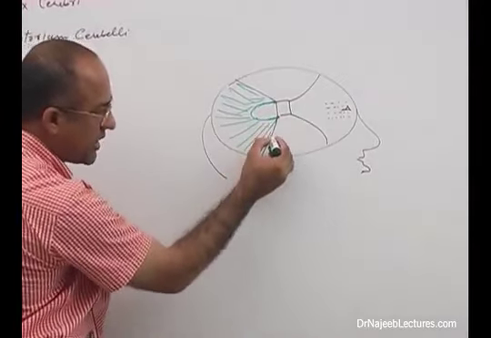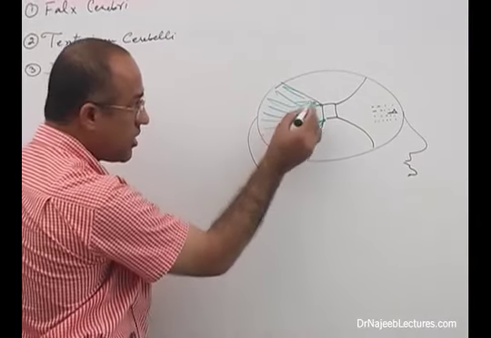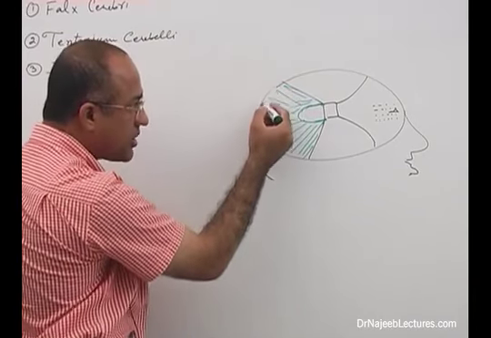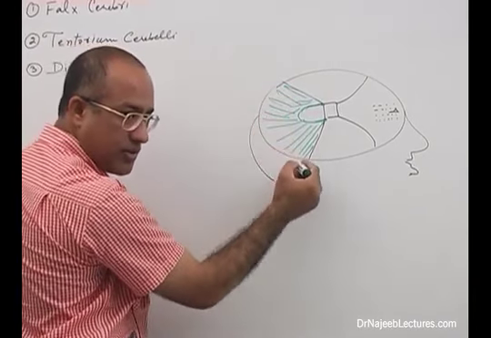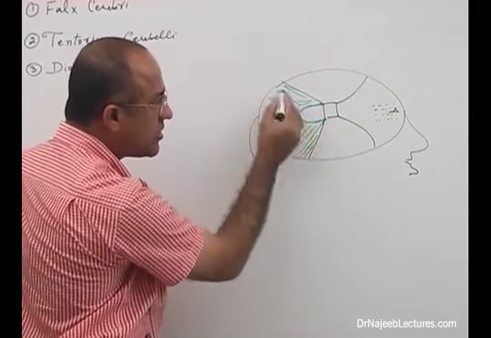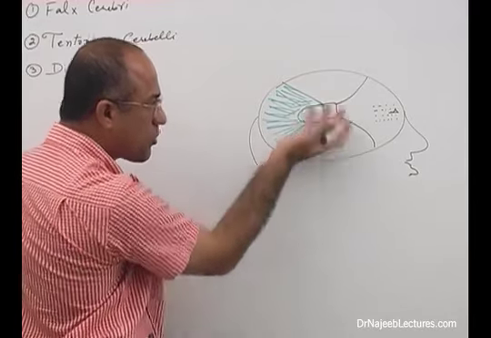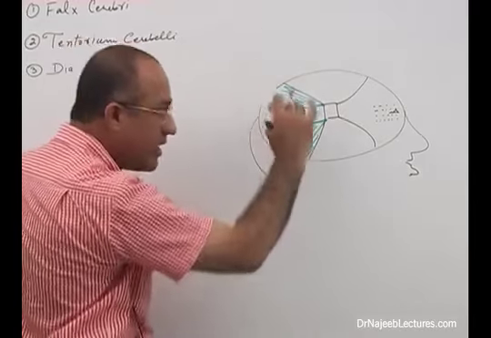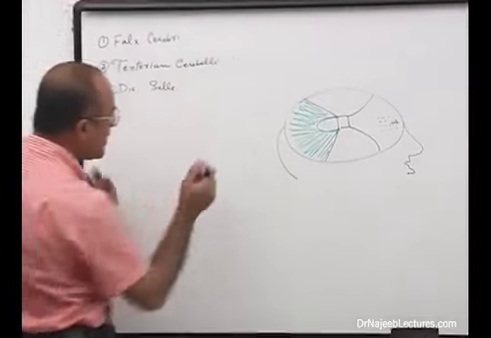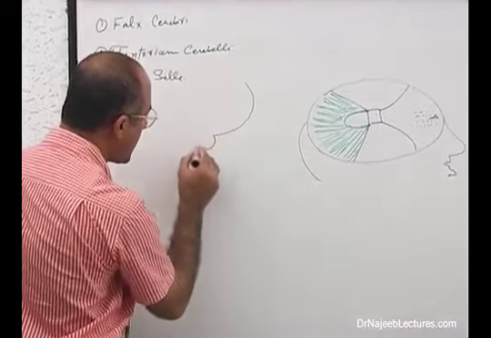Then it is progressively attached on the petrous part of the temporal bone on both sides, right? On the back it is attached with the parietal bone and occipital bone, right? Now what it is doing, all this green partition, it is dividing the cranial cavity into supratentorial area and infratentorial area.